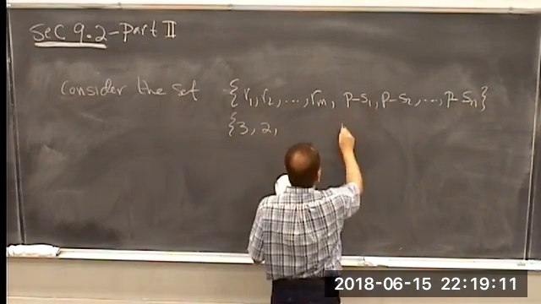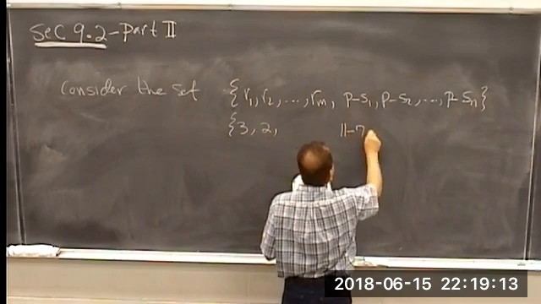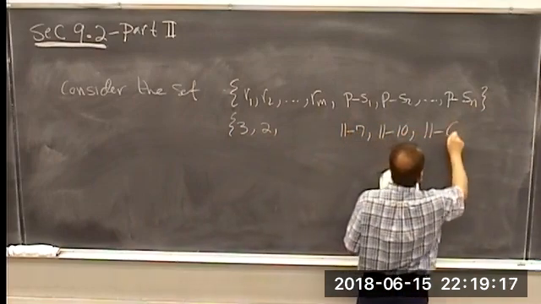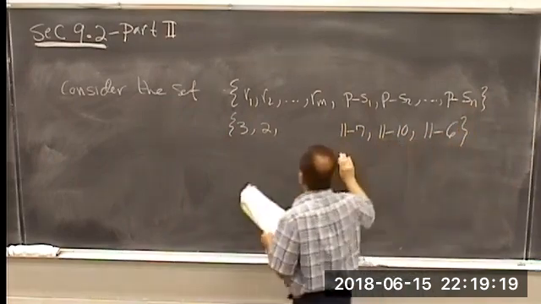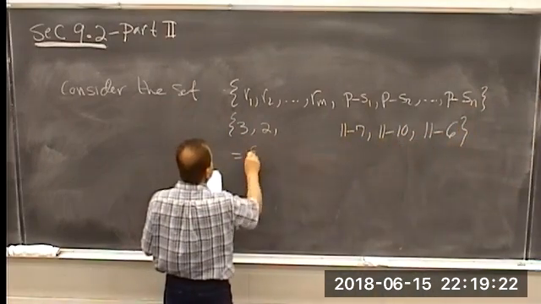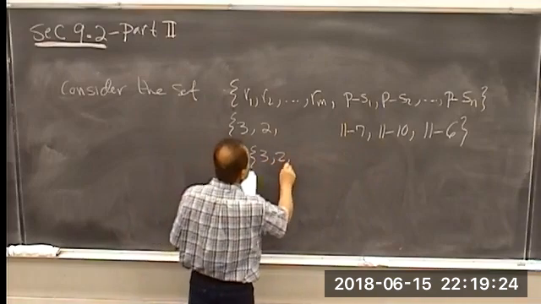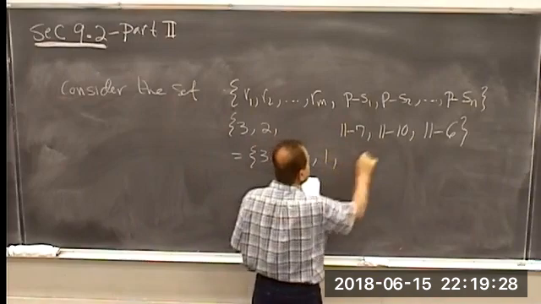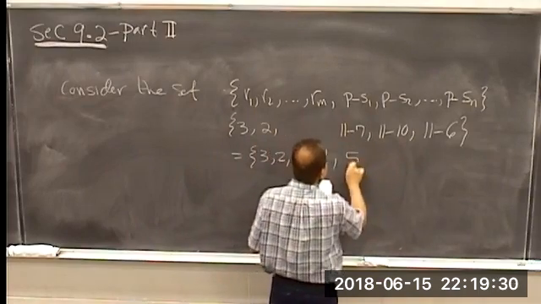And this one is going to be 11 minus 7, then 11 minus 10, then 11 minus 6. Okay? So this set is going to be 3, 2, this one is giving me 4, it's going to give me 1, and that's going to give me 5.